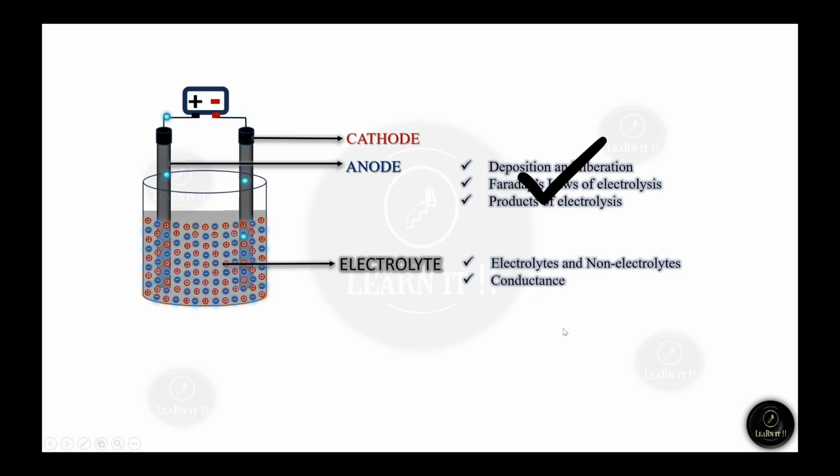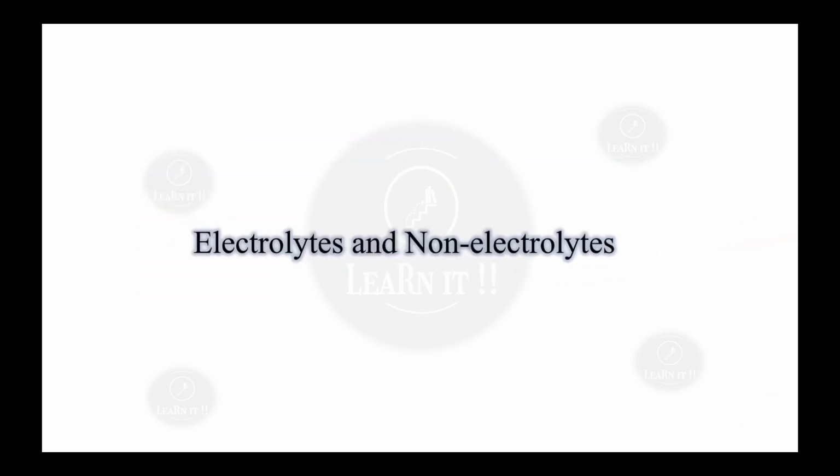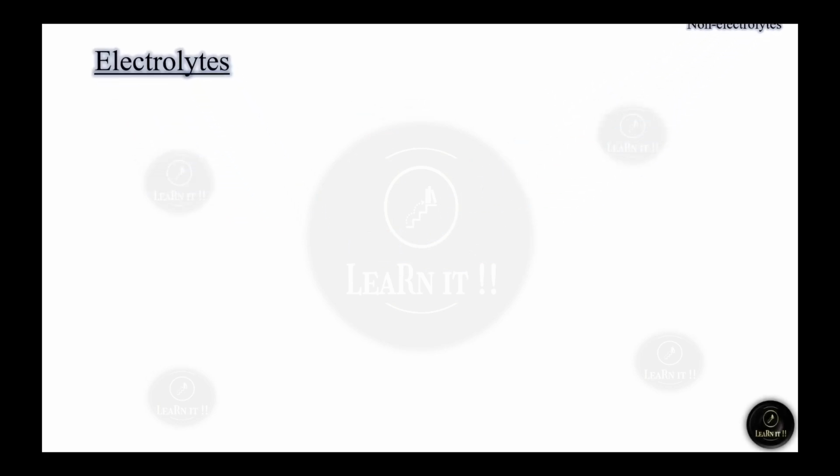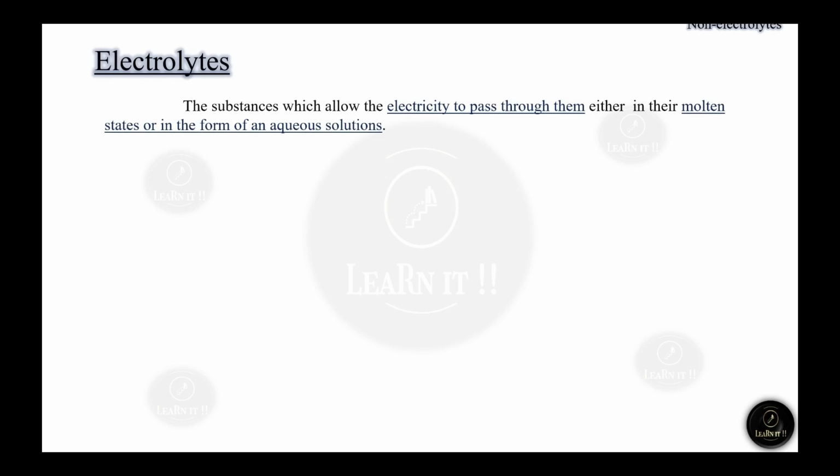First one is electrolytes. What are electrolytes? Electrolytes are the substances which allow electricity to pass through them either in their molten state or in the form of aqueous solutions.